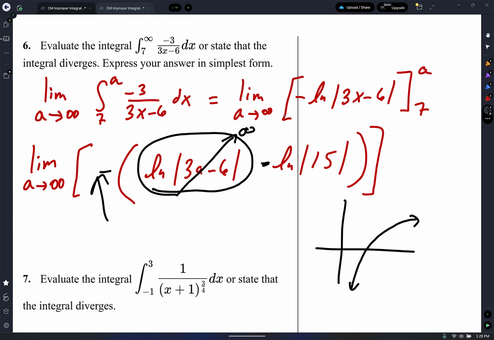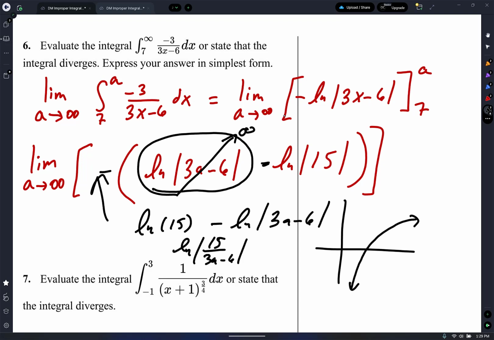Yeah. It would have been the same because I still have that. So if I distribute the negative, it would be ln of 15 minus ln of 3a minus 6, like that. And then 15 over 3a minus 6. Oh, it's still going to converge. Ln of 15 over... but you can't have 0 in ln because it grows to negative infinity.